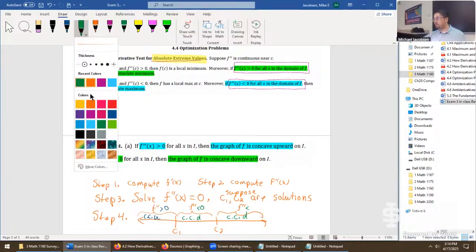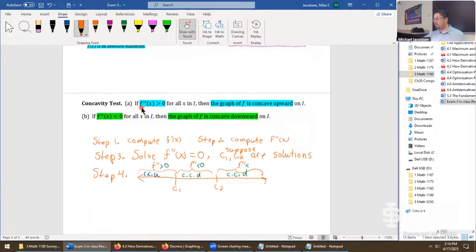And there's oftentimes a step 5 on this as well. A step 5 would be, if you're doing a concavity test, oftentimes we want the inflection points as well. So step 5, state inflection points. Well, this one will have just one inflection point. An inflection point is when we change our sign of concavity, so it would occur here.